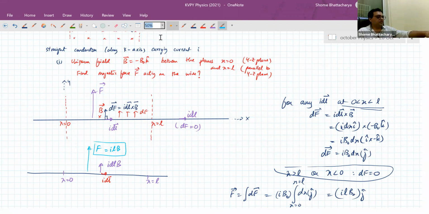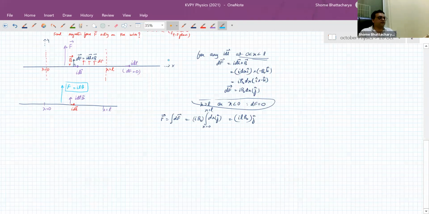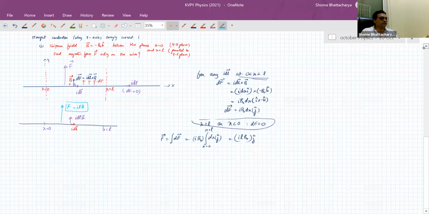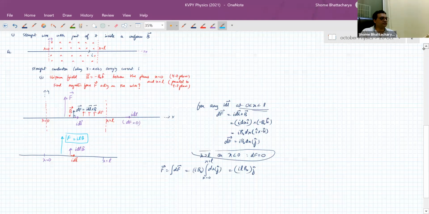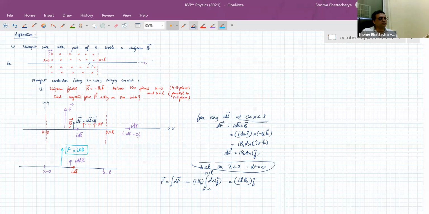Okay, so this was the first situation of this application of this formula, I dl cross B, in a situation where we have a straight conductor and part of the straight conductor is inside a uniform magnetic field like this. Now, the second example of this we'll take next, you can just quickly note down the key points over here.